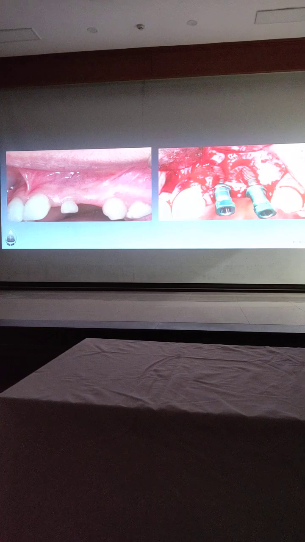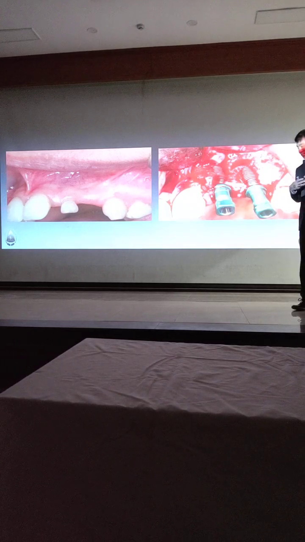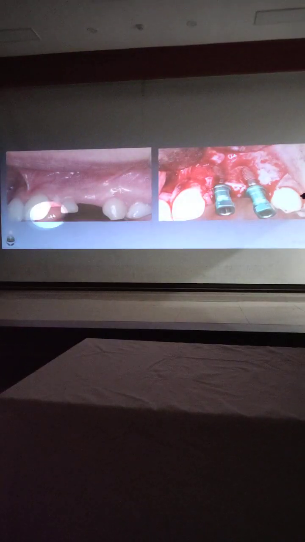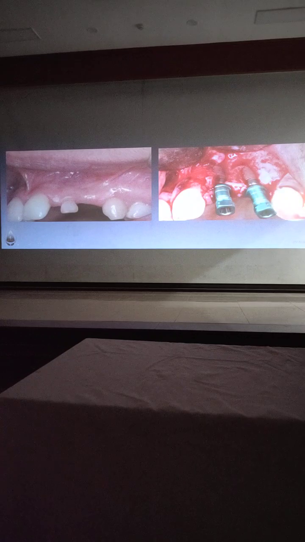This is a lab case which was done by me. When she came to me, she was only 20. Very young lady. She had used this here, so you can remove. I placed implant at the same time.